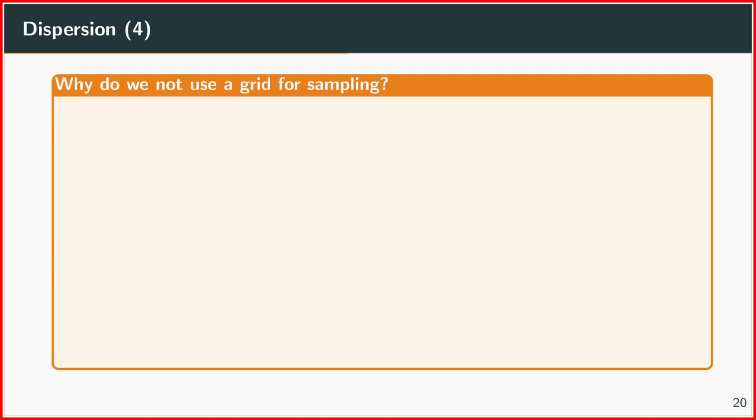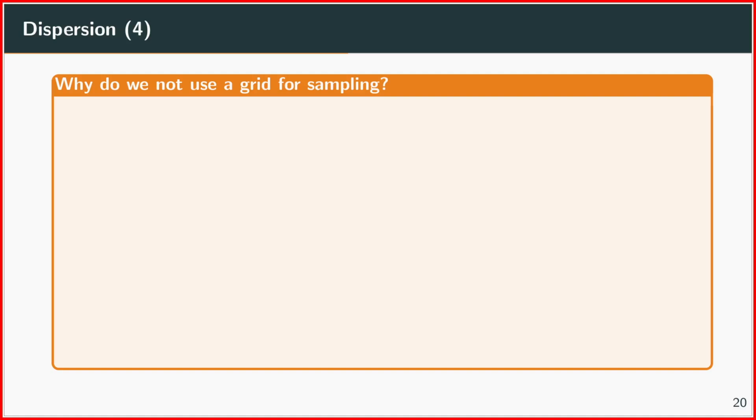That brings us to the question of why we would not use a grid for sampling. Maybe one of you has an idea. Yes? Because we always get the same results. For example, if we try to find the door and the grid is not in the door space, we will always get no solution.